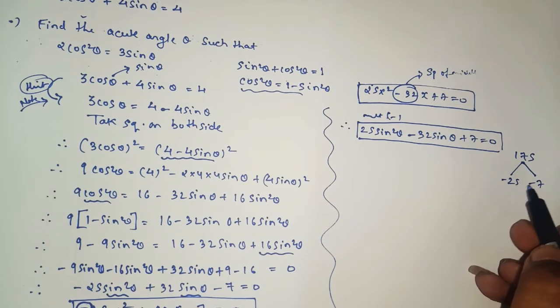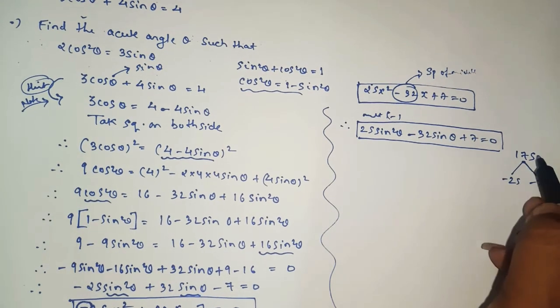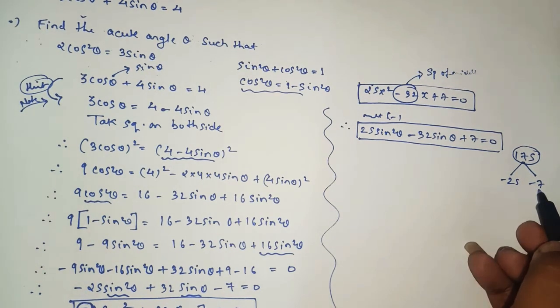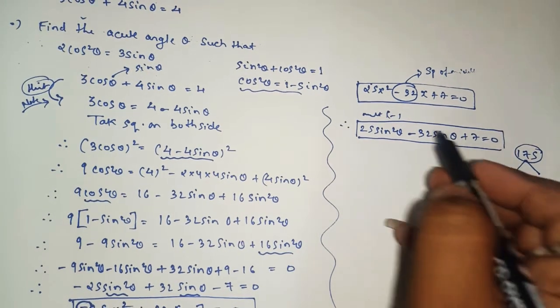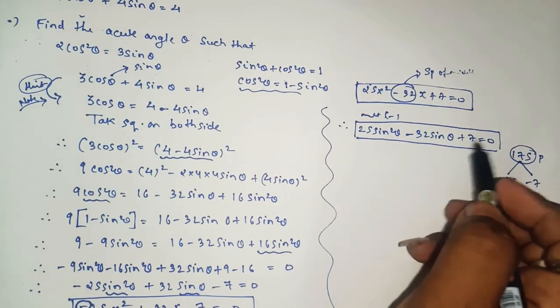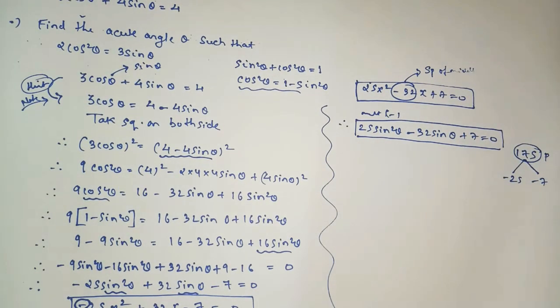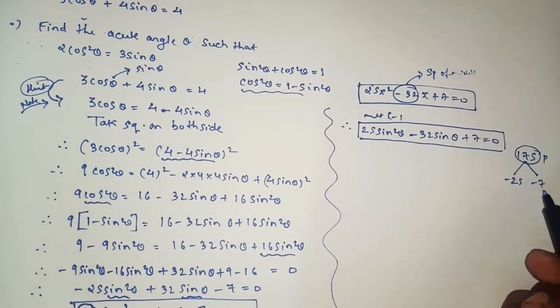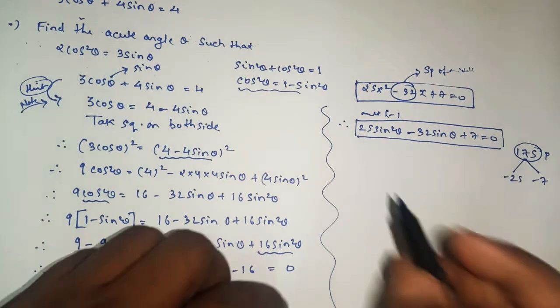Minus 25 into minus 7, when you multiply, you will get 175, yes or no? And minus 25 minus 7 gives the sum also. So when you multiply these two terms, you get the product, and when you add them, you get the middle term also, yes or no?